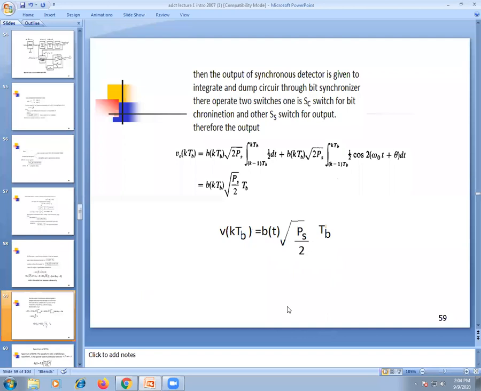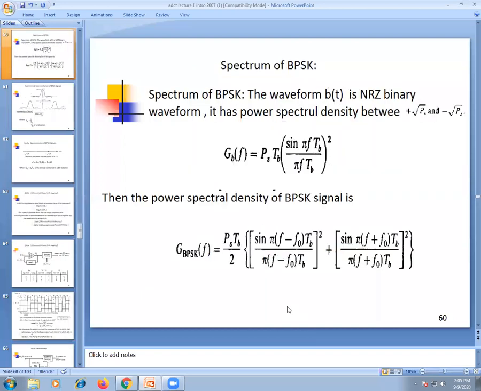Okay, students, now we turn to the spectrum of BPSK. The waveform of b(t) is an NRZ binary waveform, non-return to zero. It has a power spectral density between plus and minus root 2PS.